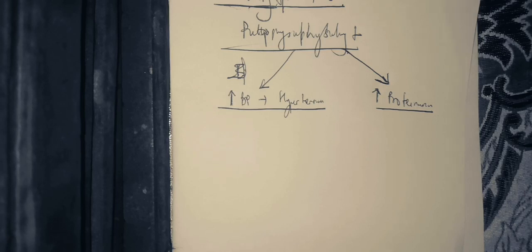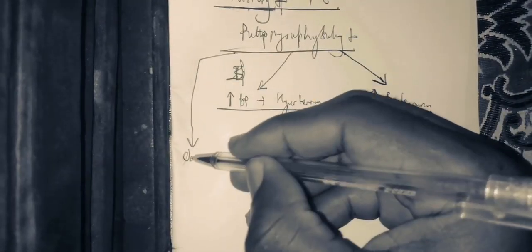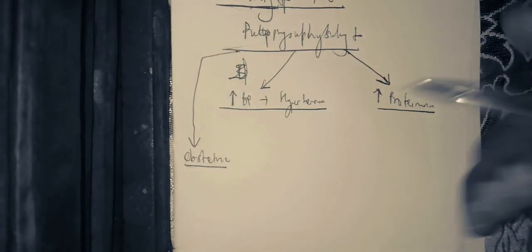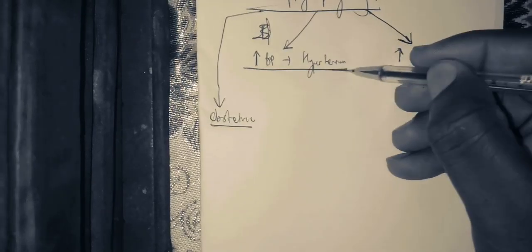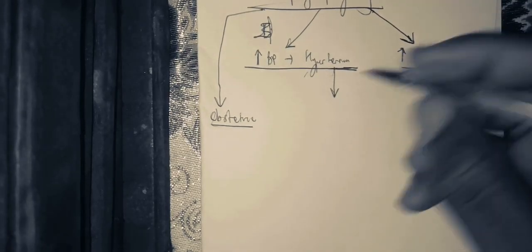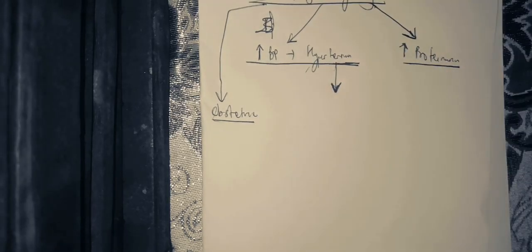Is it clear? And now the next one, we have the obstetrics-related pathophysiology, still based on the hypertension or the proteinuria. Is it clear? Now we need to know the complications of preeclampsia based on this pathophysiology, and we have all the symptoms. So you have all the symptoms of severity.